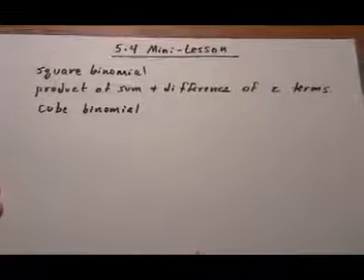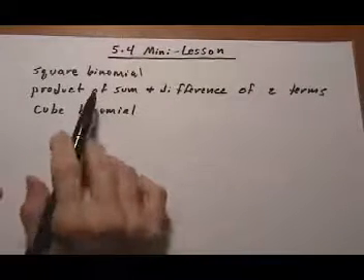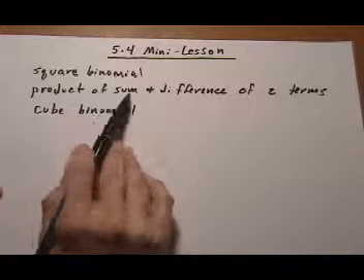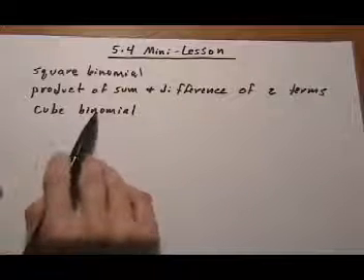Now the textbook, or MyMathLab, for this section shows some very specific formulas for squaring a binomial, for product of sum and difference of two terms, and I don't think it shows one for cubing a binomial.